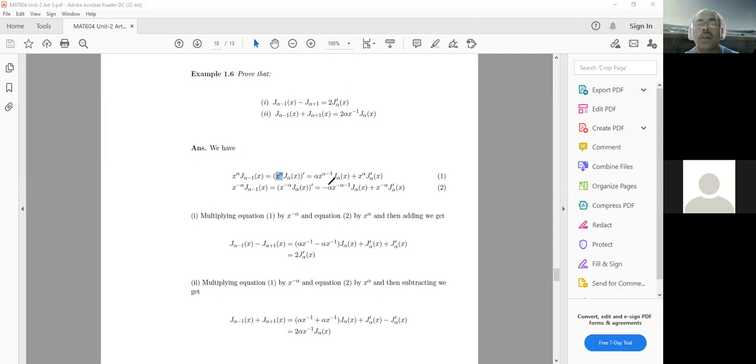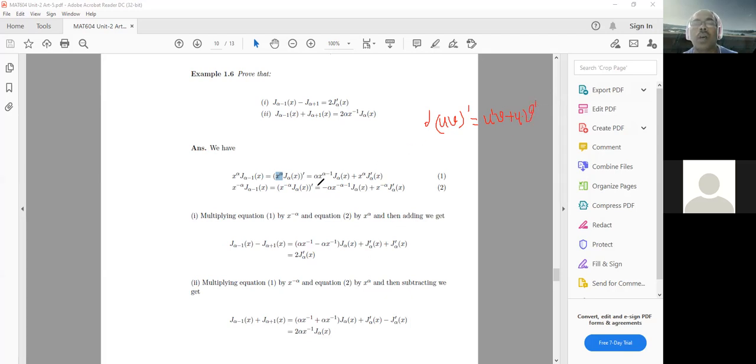So this is just by the definition of the product rule, that is, the derivative of the product of two functions, u v dash, is equal to the derivative of the first function into the second function plus the first function into the derivative of the second function.